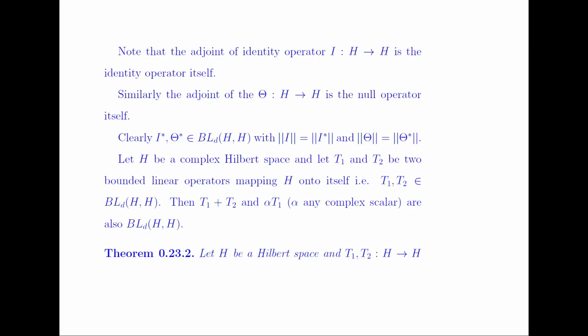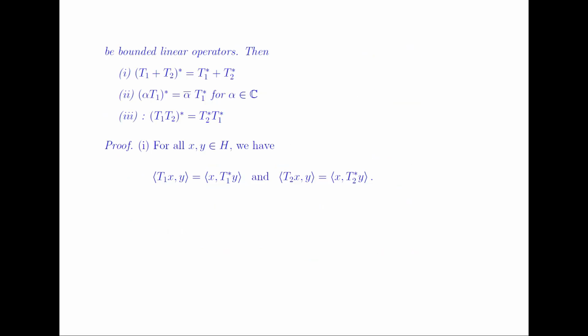Now in the next theorem, let H be a Hilbert space and T1 and T2 be bounded operators from H to H. Then the adjoint of T1 plus T2 is equal to the adjoint of T1 plus the adjoint of T2. Similarly, the adjoint of alpha T1 is equal to alpha conjugate times T1 adjoint, for alpha a complex scalar.